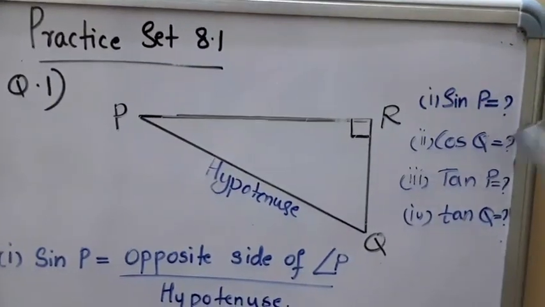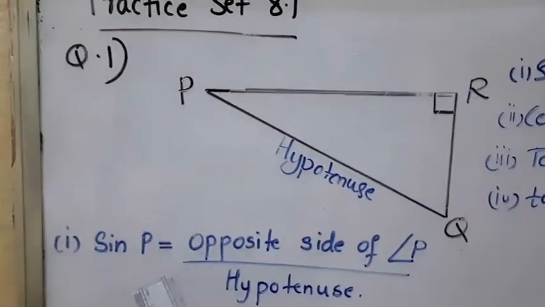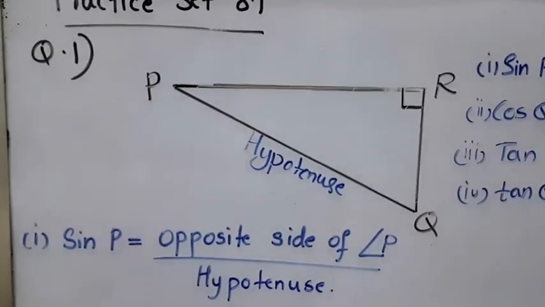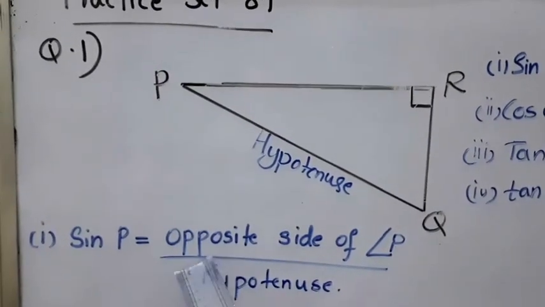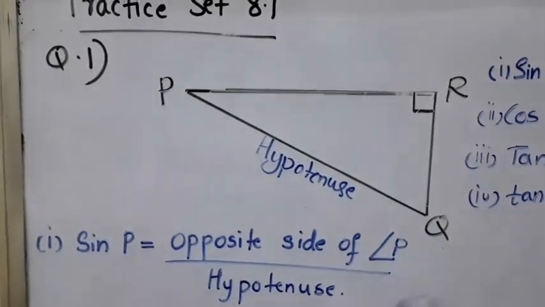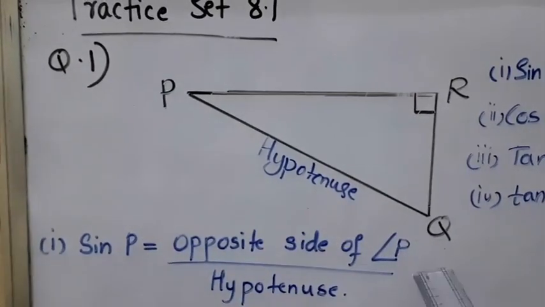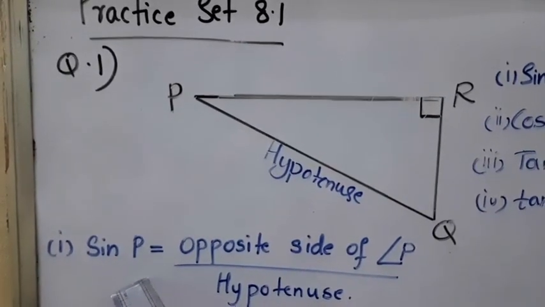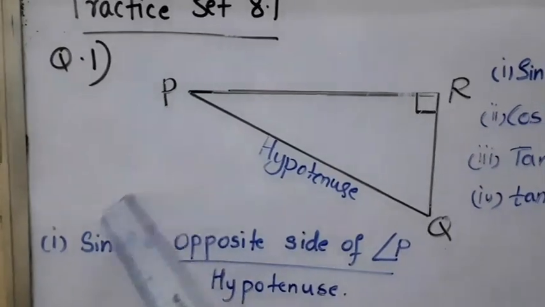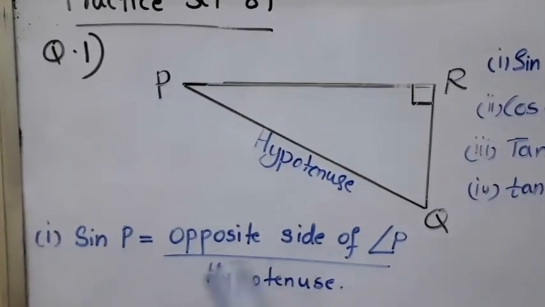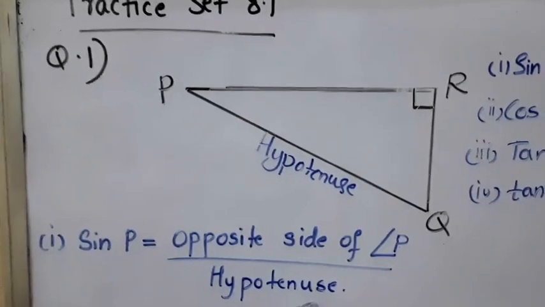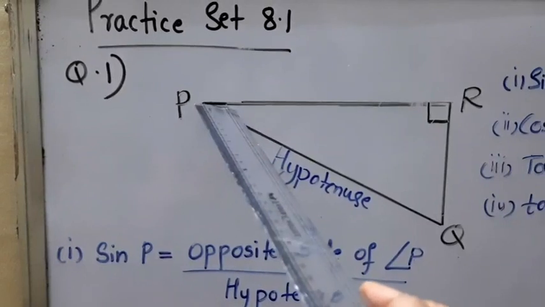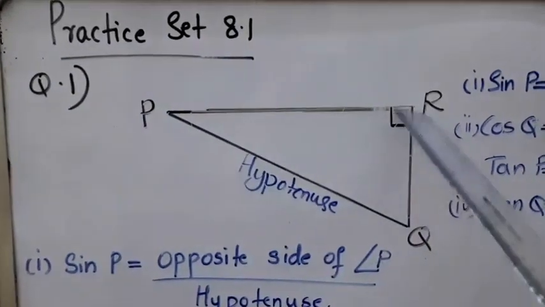First we will find sin P. So sin P is equal to, we have to use the formula we have learned in the last part, that is opposite side of angle P upon hypotenuse. Here it is written as angle P because we have to find the sine ratio of angle P. Now let's see angle P. The opposite side of angle P is RQ.